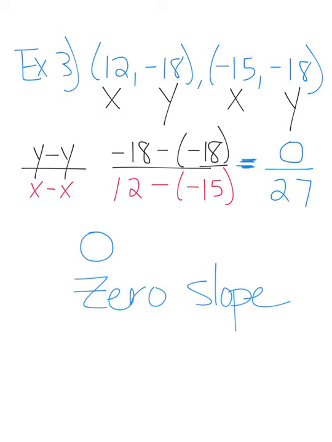It's flat. So we talked about a positive slope. We got one that was a negative slope. This one's a 0 slope, so it's flat. The next one is probably the trickiest, but let's go ahead and look at it.